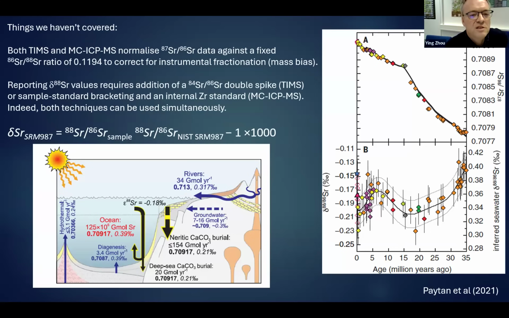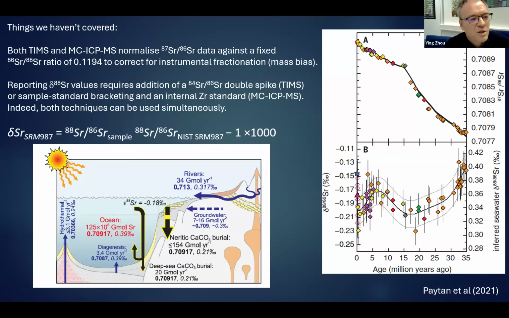That's because no matter whether you use TIMS, thermal ionization mass spectrometry, or a multi-collector to determine 87/86, we take a fixed ratio of 86 to 88 strontium to get rid of instrumental mass bias. And that means that we iron out any natural fractionation that may exist.